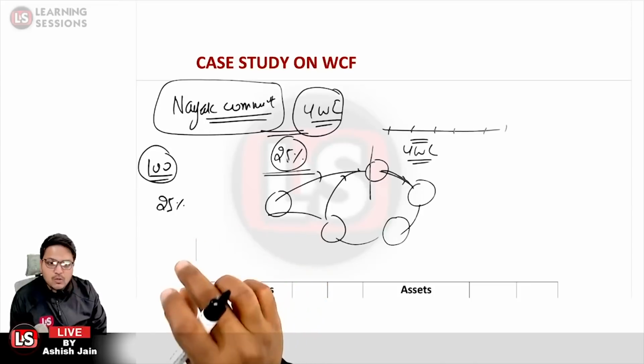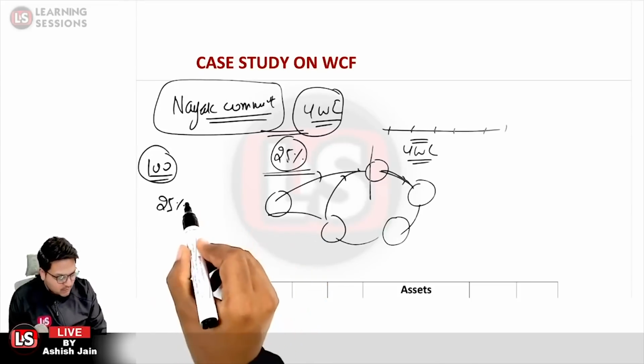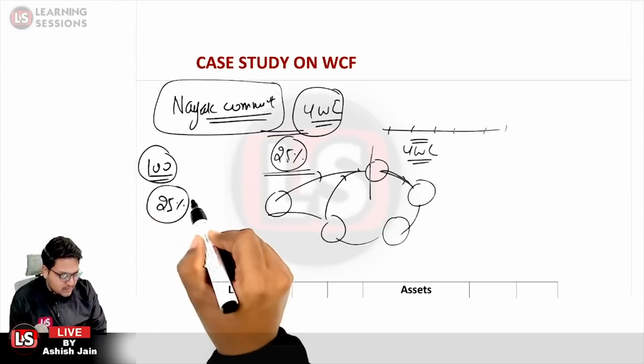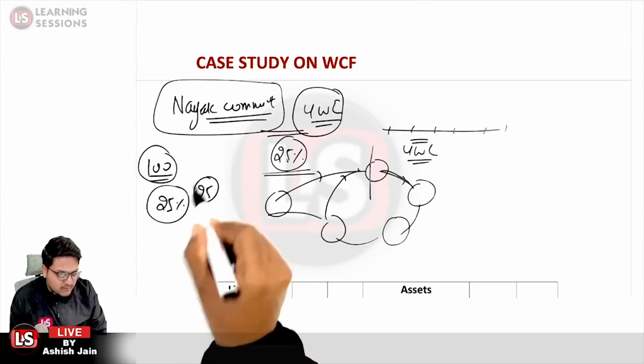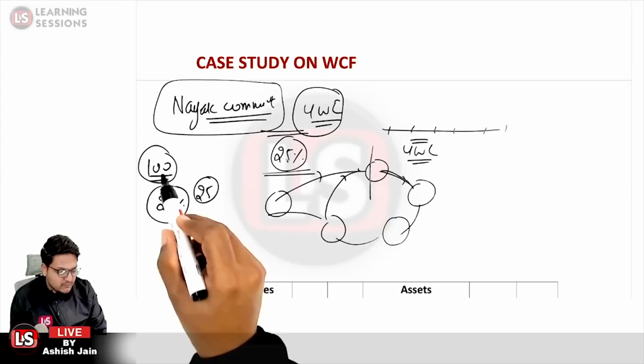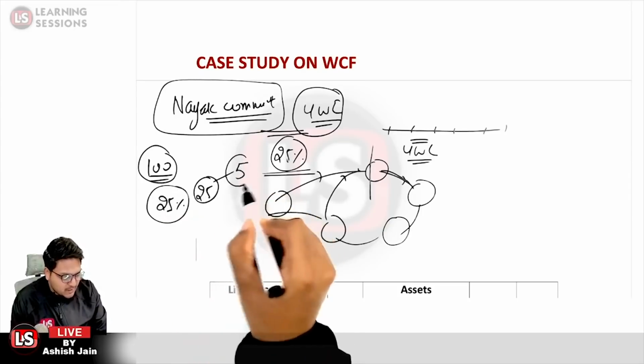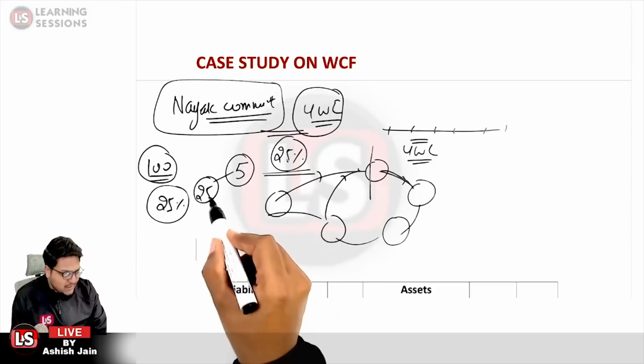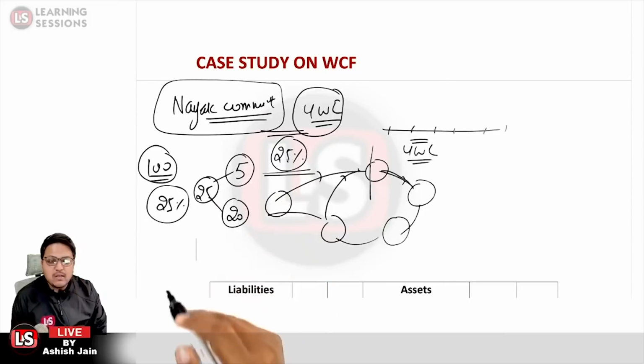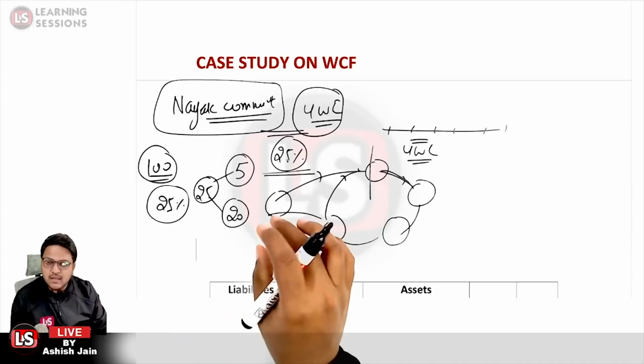Out of this 25%, that is 25 of rupees 100, 5%, that is 5 rupees, is to be contributed by the borrower, and the rest, 20, will be financed by the bank itself.